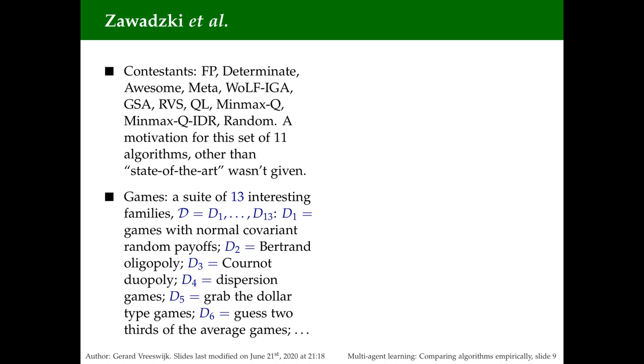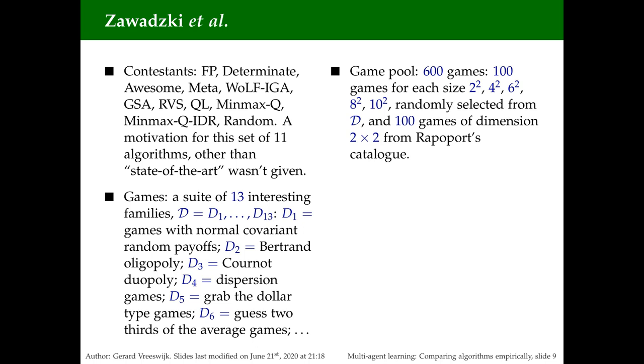In total, there were 13 families of games, and those 13 families comprised a game suite. All those games, curly D, comprised 600 games, subdivided by 100 games for each size, so 2x2 games, 4x4 games, all among 2 players, you see.